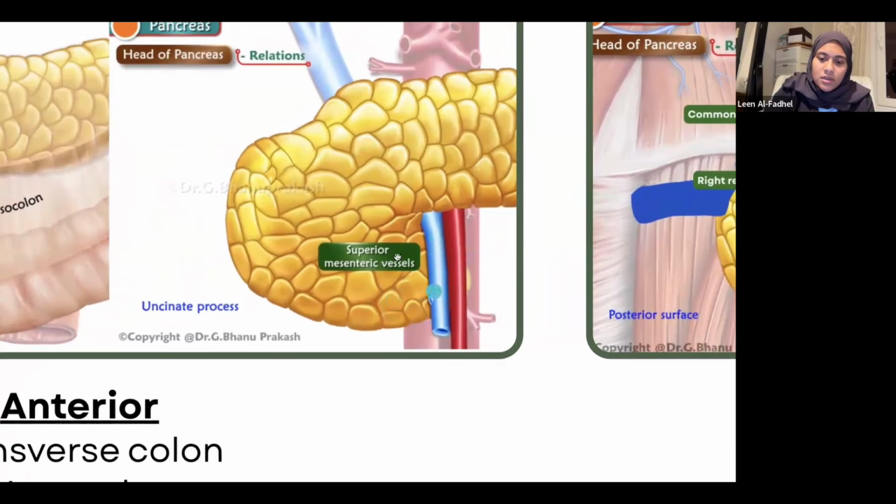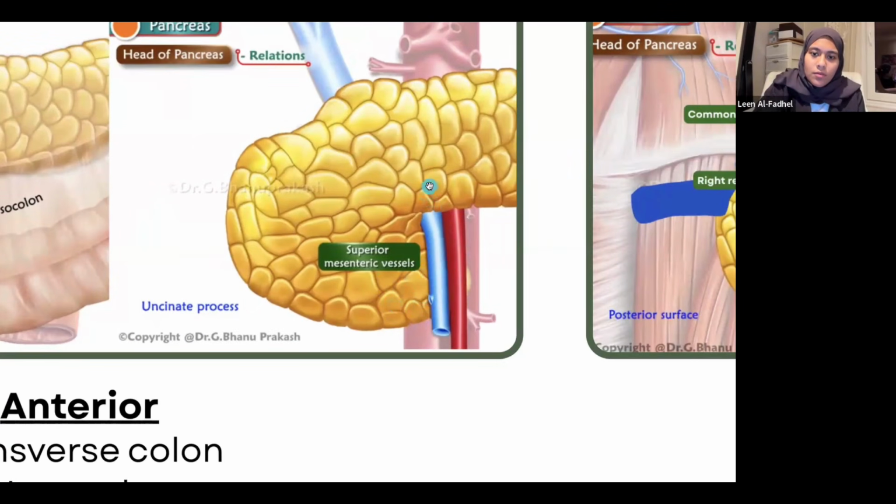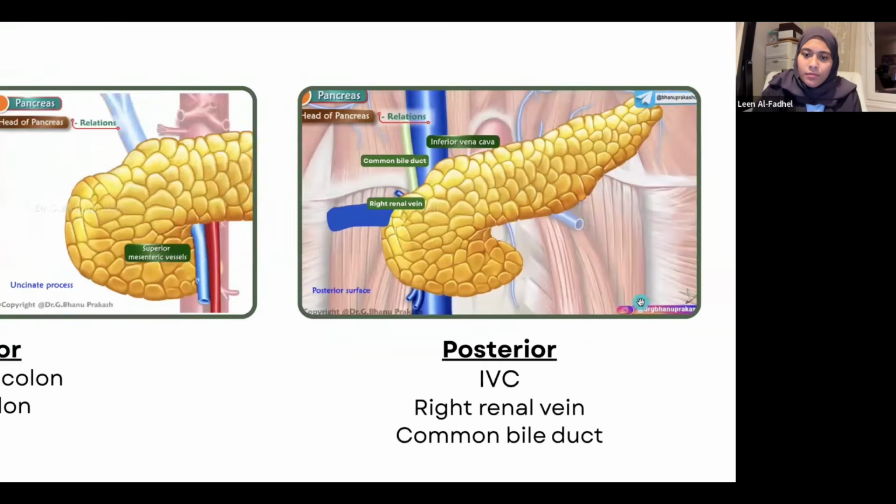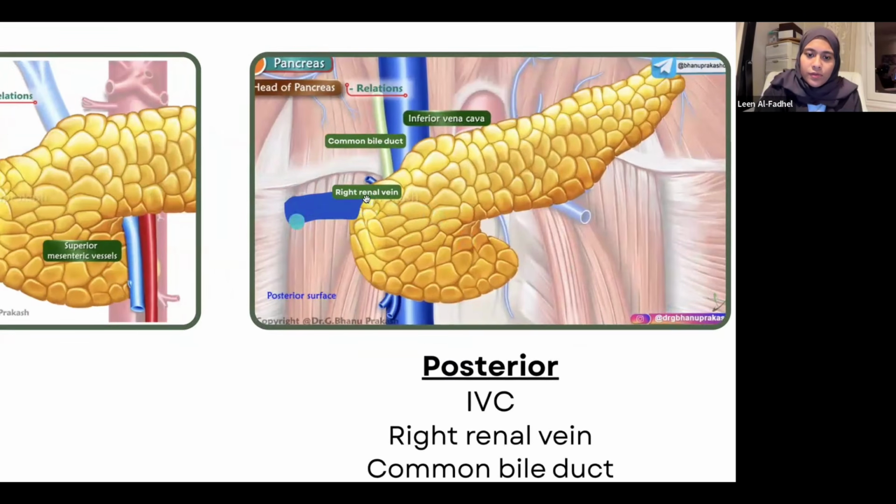So, this is the uncinate process running from behind, and then in front of it is the superior mesenteric vein and the superior mesenteric artery. Okay? Posteriorly, you will find the right renal vein, the common bile duct, and the inferior vena cava.